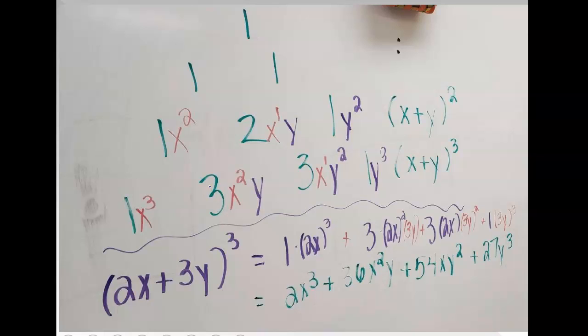An example with a cubic and numbers would look like this. So if I gave you (2x plus 3y) cubed, instead of having to FOIL that twice, we now would know that it goes 1 times 3 times 3 times 1.